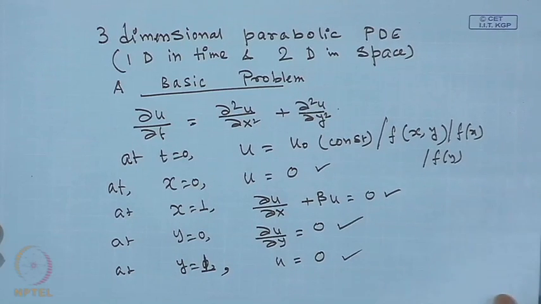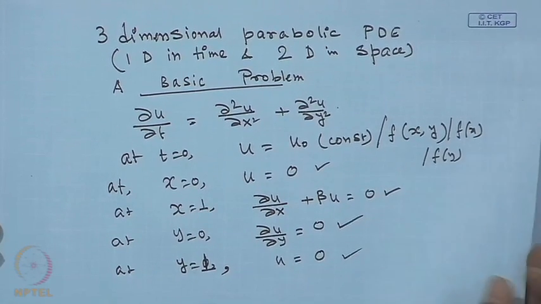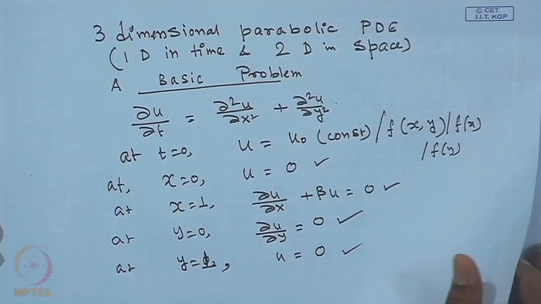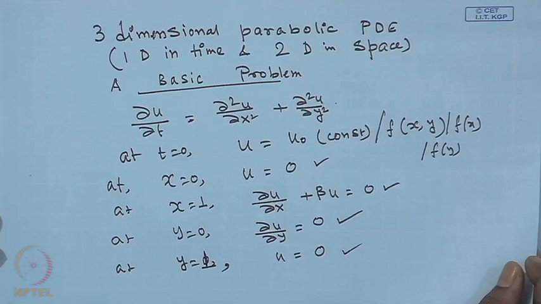So, with this, let us move forward to solve this problem almost completely, since this is a linear and homogeneous governing equation with linear and homogeneous boundary conditions. Of course, we can go ahead with the separation of variable type of solution.